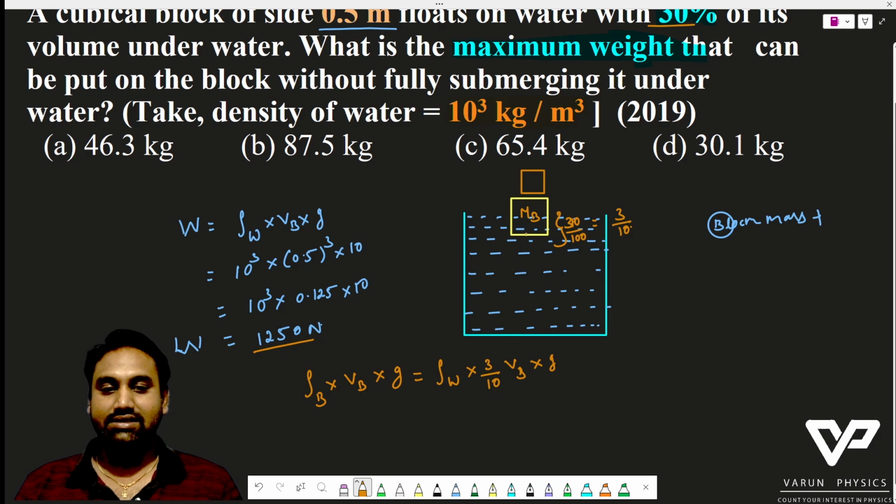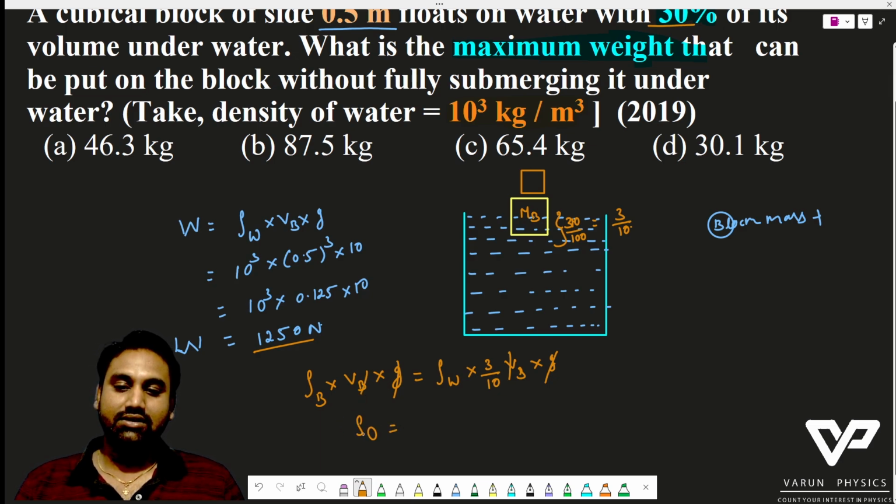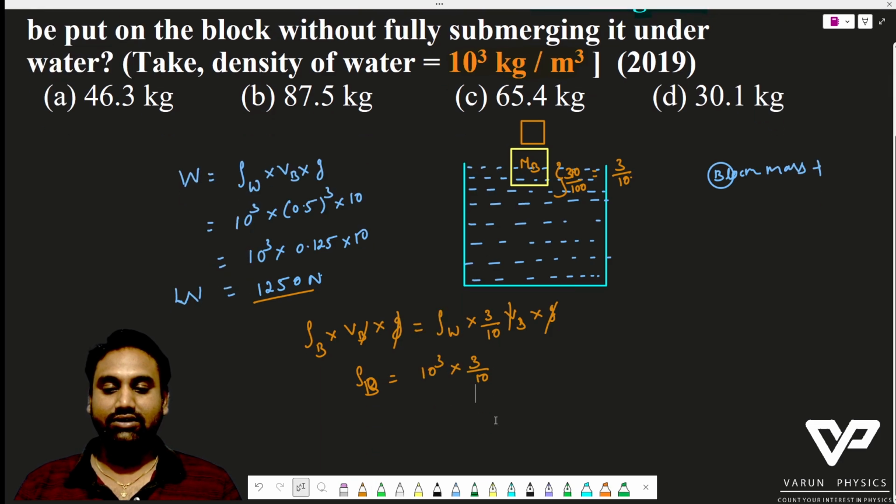Only that much is inserted into the fluid. g gets cancelled, Vb gets cancelled. Therefore, the density of the block is equal to 10 to the power of 3 into 3 by 10. On simplifying this, we'll get the density of the block as 300 kg per meter cube.